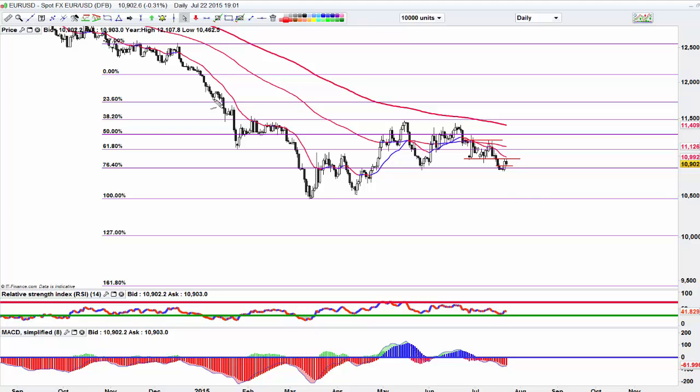The fibs are taken from the 2015 high, so the January open through to the March 2015 lows. So clearly we dropped hard. We consolidated.